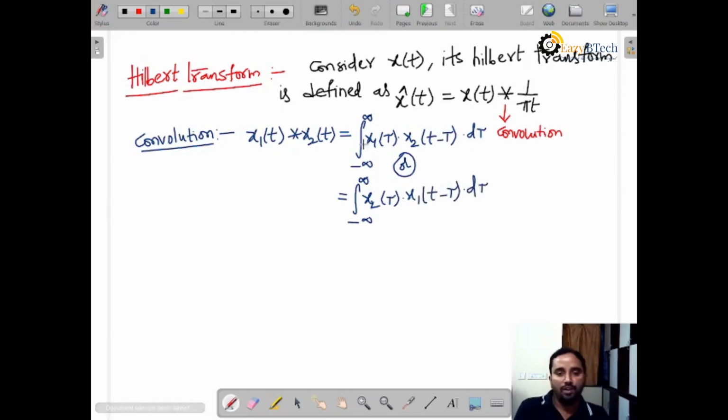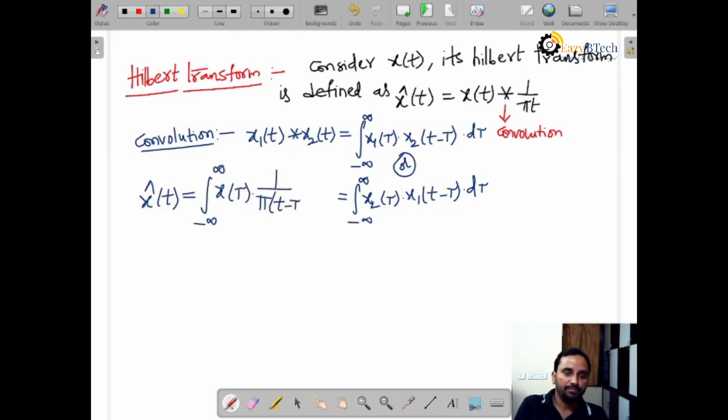Now I am going to write this convolution integral for the Hilbert transform, whatever we have. Here x of t is x1 and 1 by pi t is x2. So as per that, x cap of t is equal to the integral from minus infinity to plus infinity of x of tau 1 by pi t minus tau d tau.